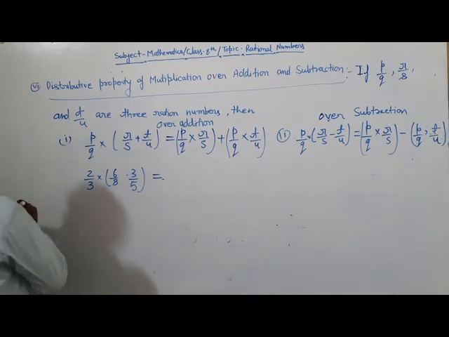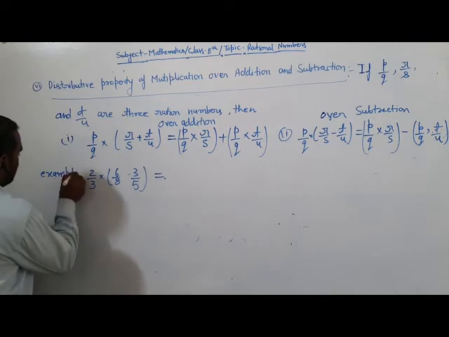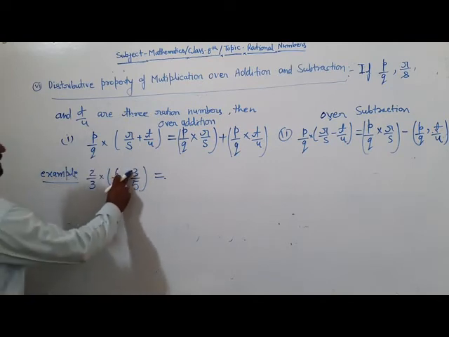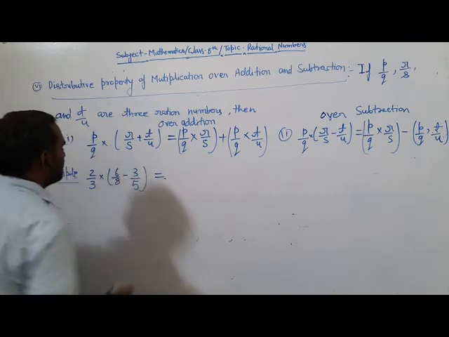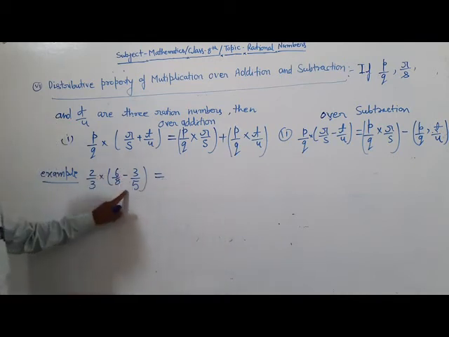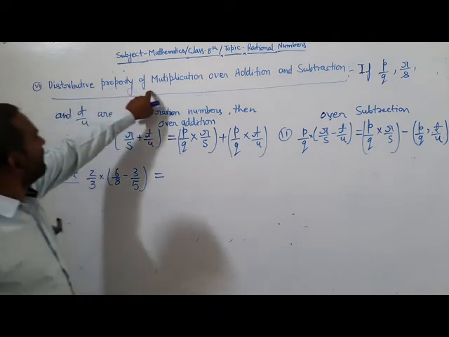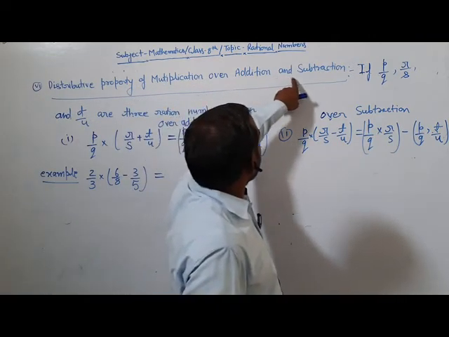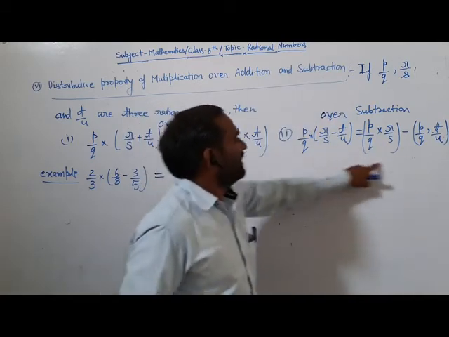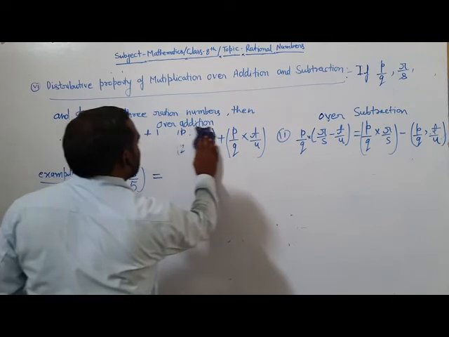Example: 2 by 3, 6 by 8 minus 3 by 5. Here this is subtraction, and here we have to prove the distributive property of multiplication over subtraction by this method.